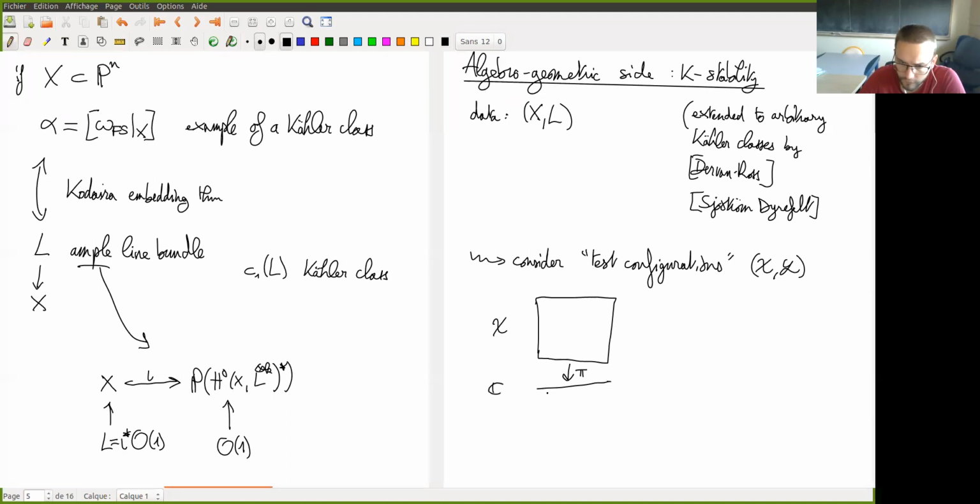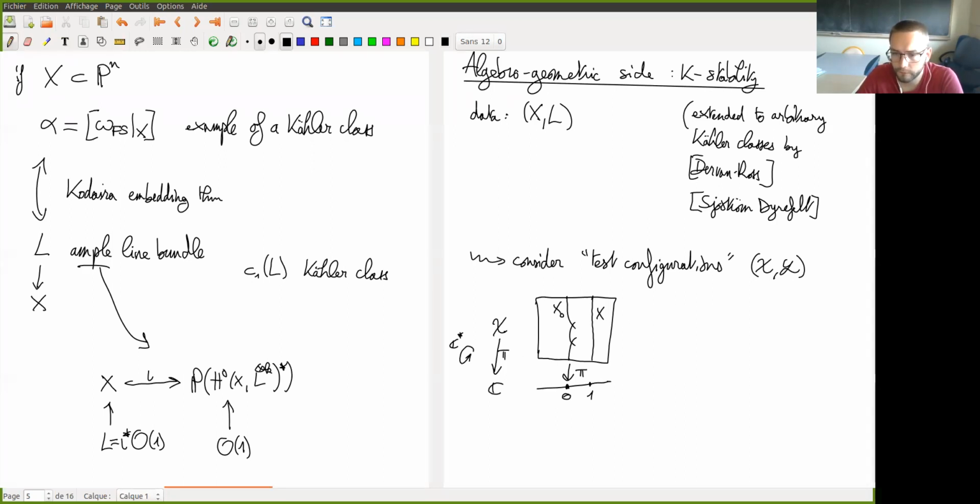It has a projection, a map pi to C, such that the fiber over 1 is the manifold you started with, X. And you have a C star action on the manifold curly X, which lifts the standard C star action on C by multiplication. So everything is equivariant, which means that all fibers over nonzero complex numbers are isomorphic under this action. And then there's one special fiber above 0, which is equipped with an action of C star. This C star action lifts to an action on X0.